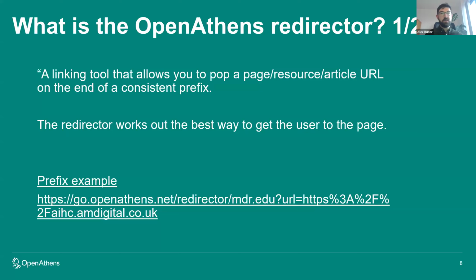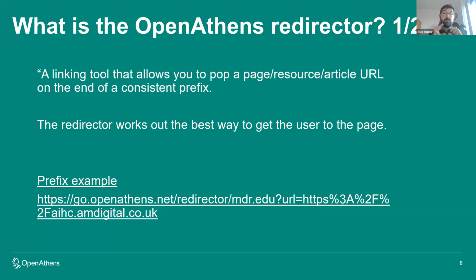So what is the OpenAthens redirector? Well, to put it really simply, it is a linking tool. It allows you to pop a URL to a database, a publisher product, a specific journal, whatever it is, on the end of a consistent prefix.